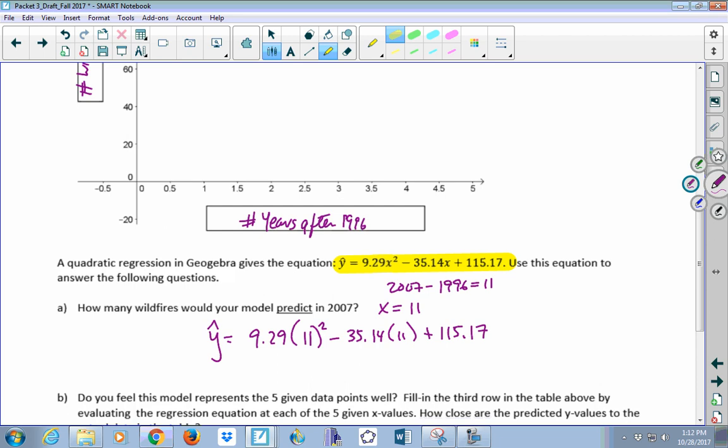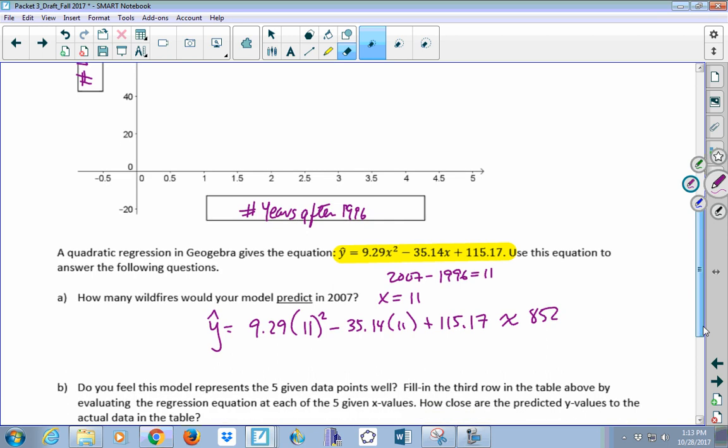So I'll give you a moment here to do a little bit of arithmetic, and you should come out with approximately 852 wildfires. I'm actually going to take the unit off here because we're just looking at the value of y hat.